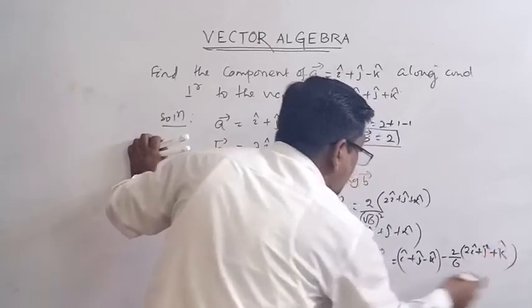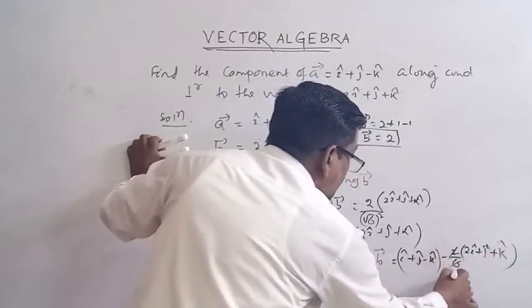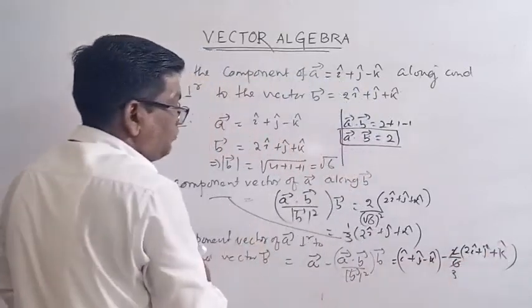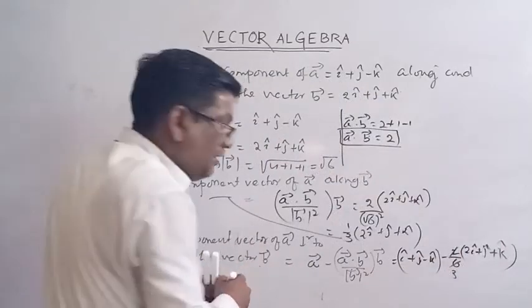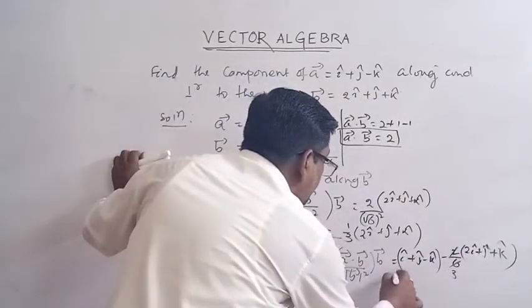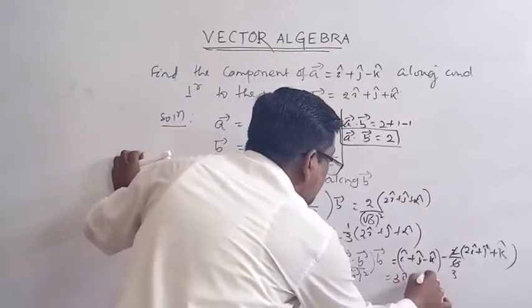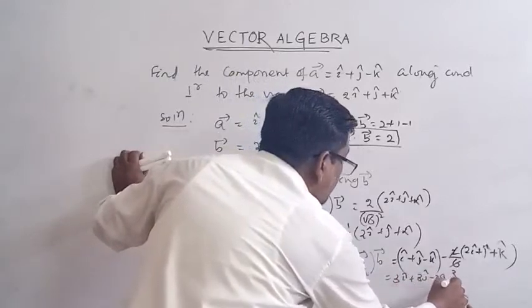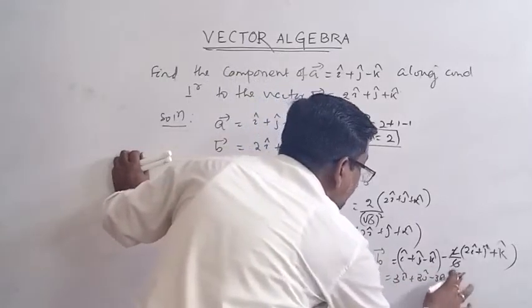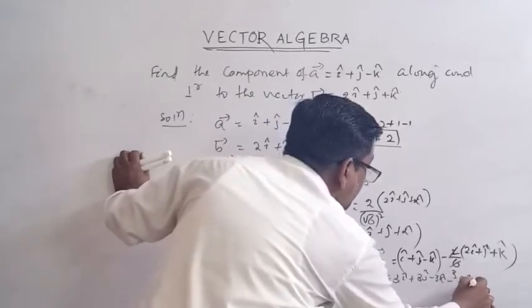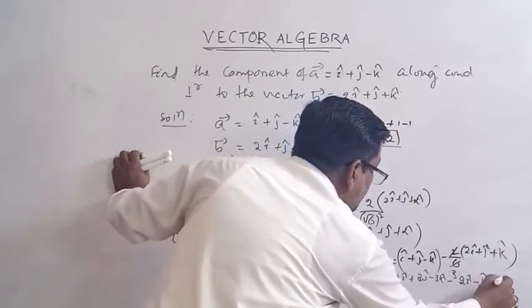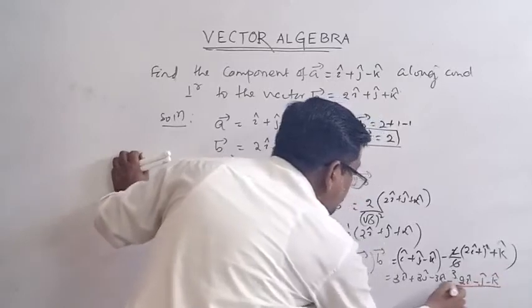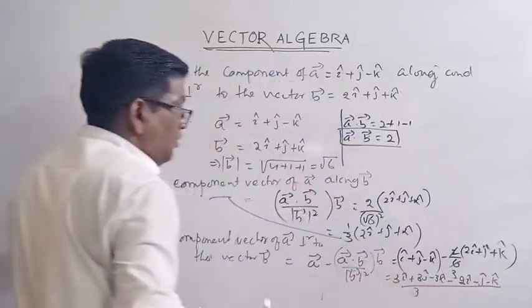Okay, now this is 3, so 3i plus 3j minus 3k, minus 2i minus j minus k, by 3.